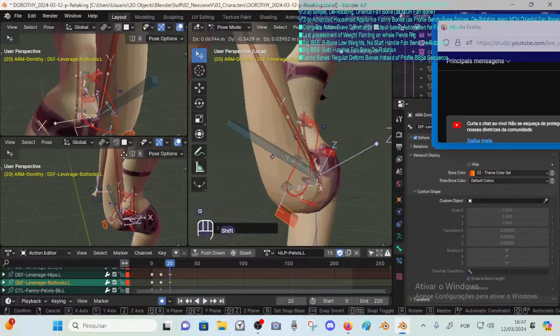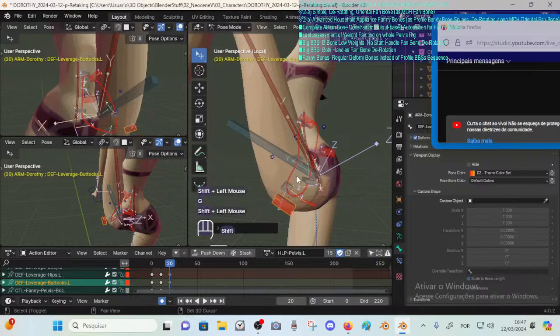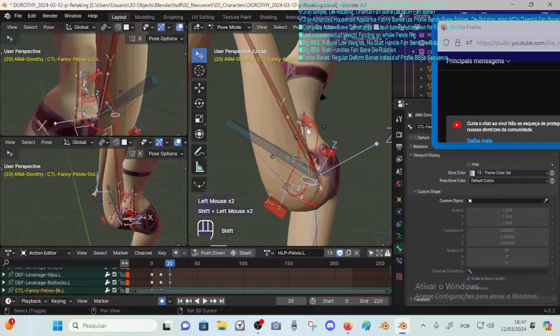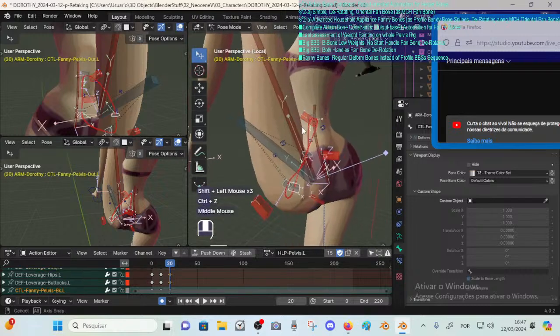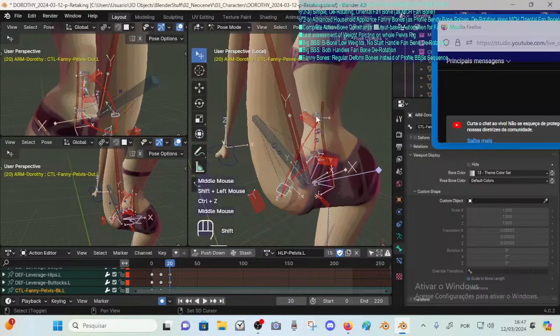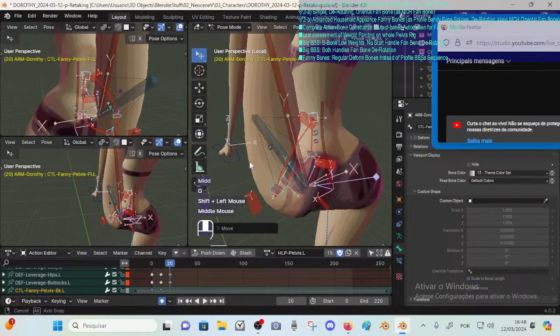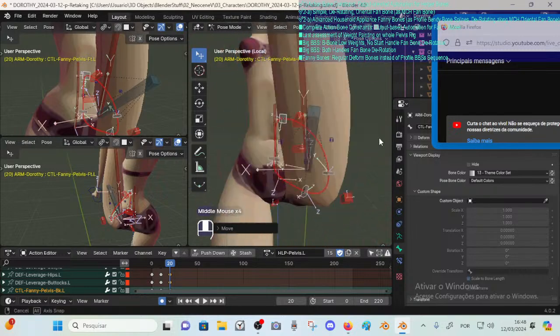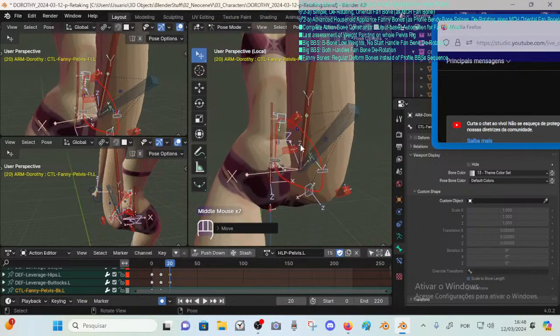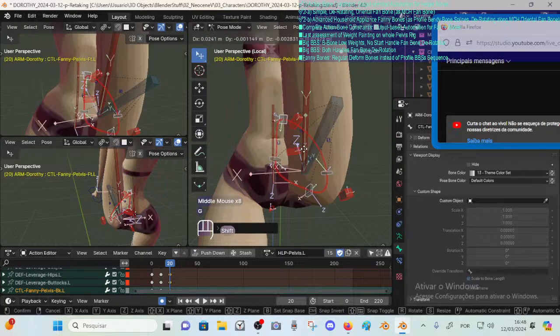Yeah, maybe if I try to bring the buttocks to the front. Yeah, this is smart, exactly. So I can sort of push these things more in front. And this will make space for avoiding so much interpenetrations, right folks?